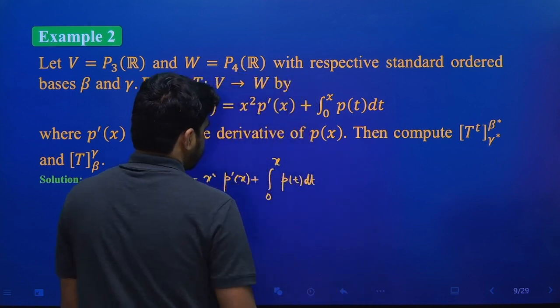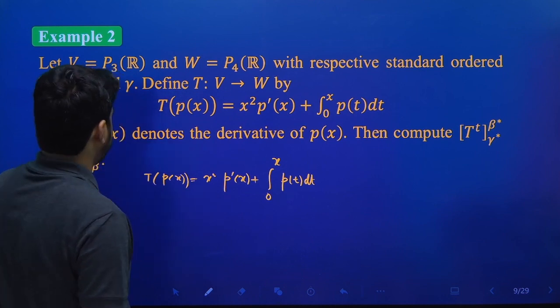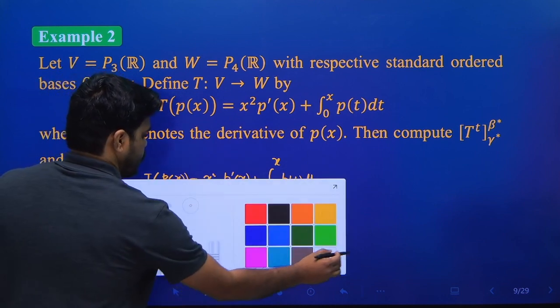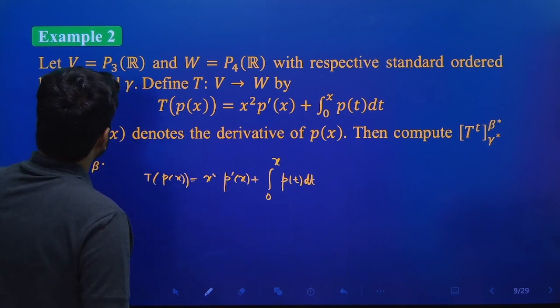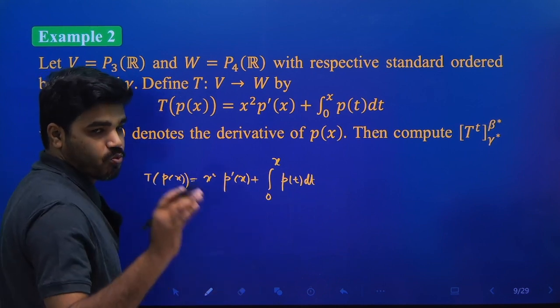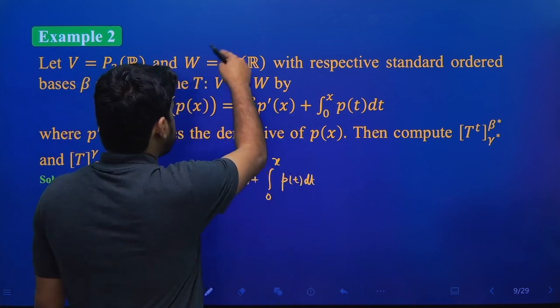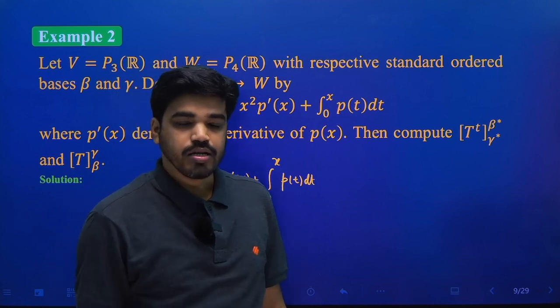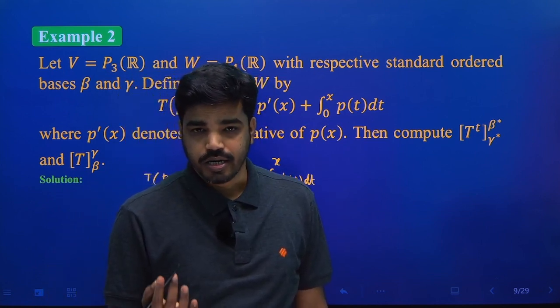Okay, so what is the standard basis for P3 and P4? The standard basis for P3 is 1, x, x square, x cube. The standard basis for P4 is 1, x, x square, x cube, x to the power 4, right?